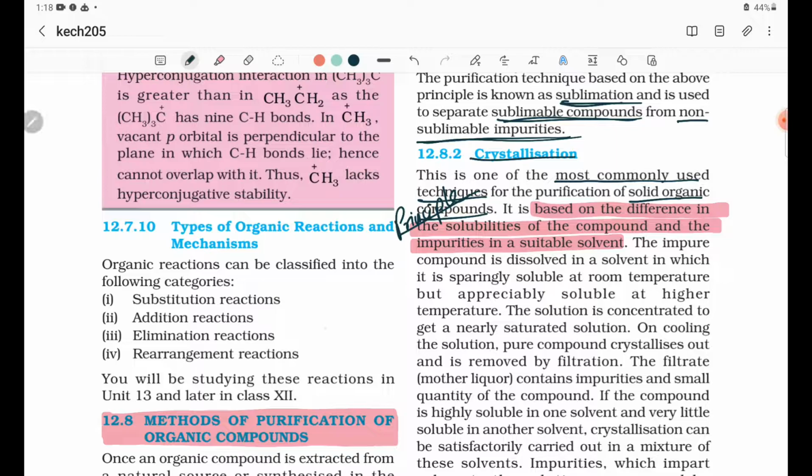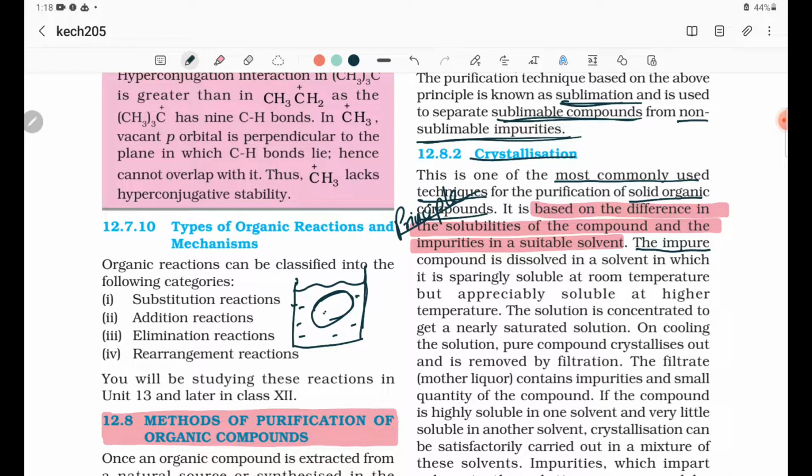Suppose I have an organic compound containing impurity and I have a solvent. Now the organic compound will not dissolve in this solvent, but the impurities will dissolve in it. By this method I can separate the impurities from the compound.